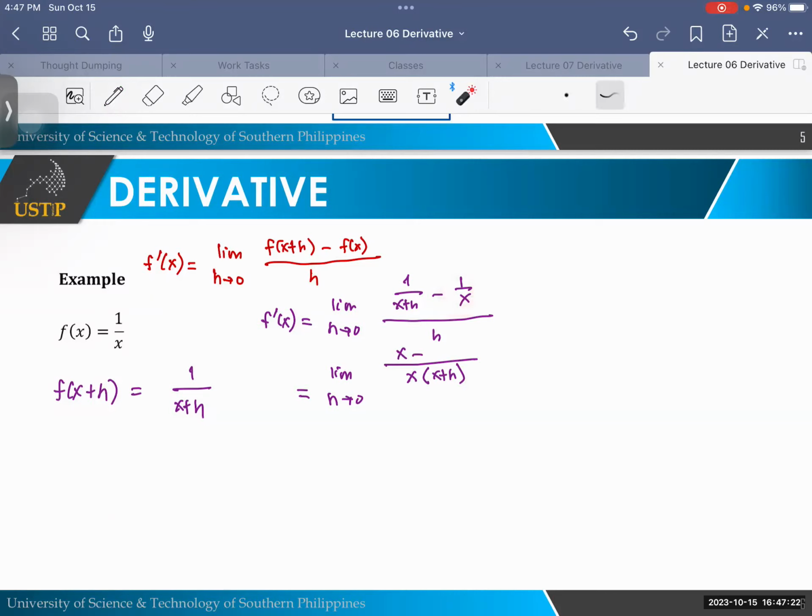It could be x plus h, right? But, enclose it in parentheses so that you can distribute the negative later. Okay, so basically, class, what I'm doing here is getting the common denominator so that it can be simplified. Okay? So that would be all over x times x plus h.